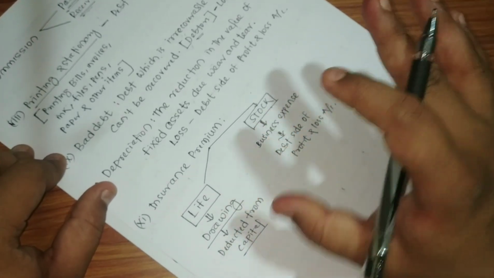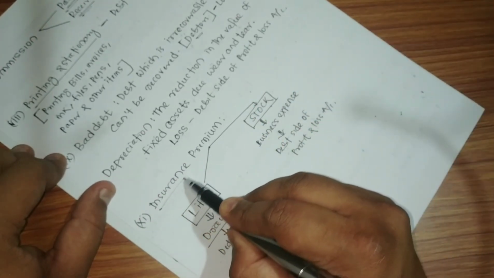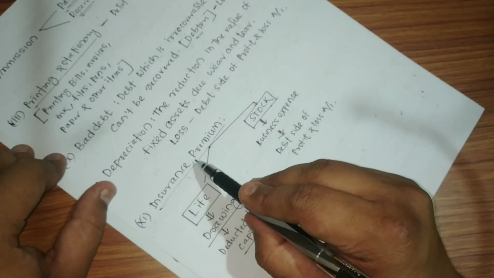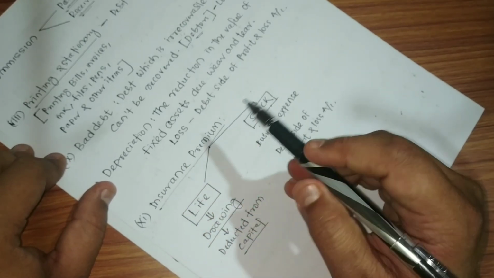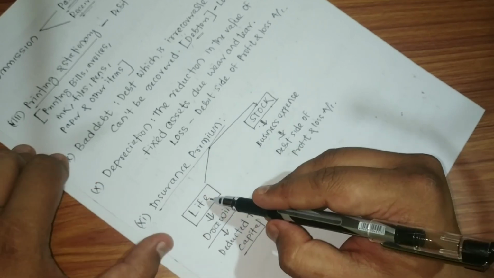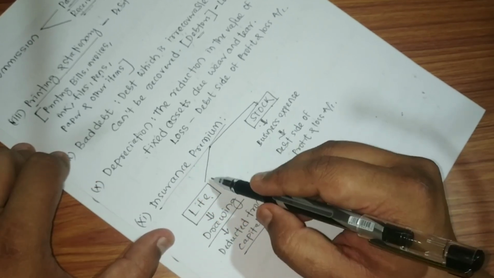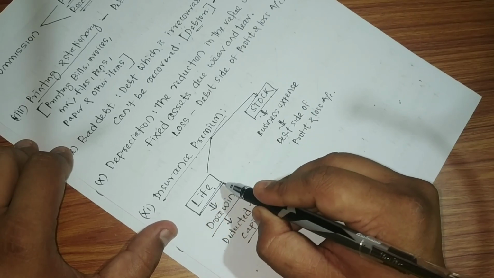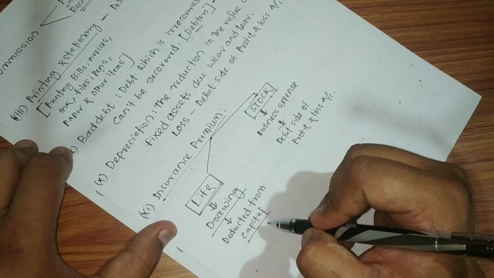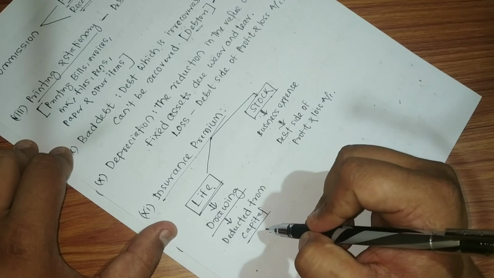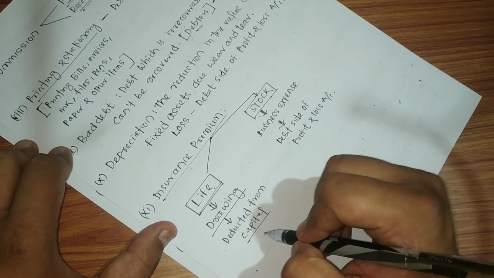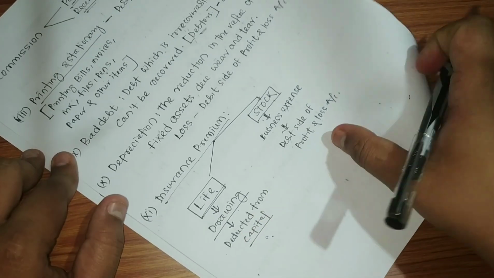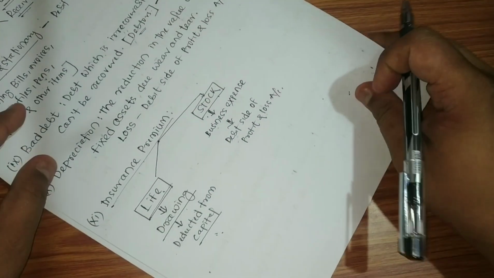So if in the question nothing is given, only insurance premium is given, then you have to assume it as insurance for the stock. And in case of life insurance premium, it is clearly given as life insurance premium. Important thing you have to remember, that life insurance premium will be treated as drawings, and it is not recorded in the profit and loss account. It will be reduced or deducted from capital in the balance sheet. Insurance premium.